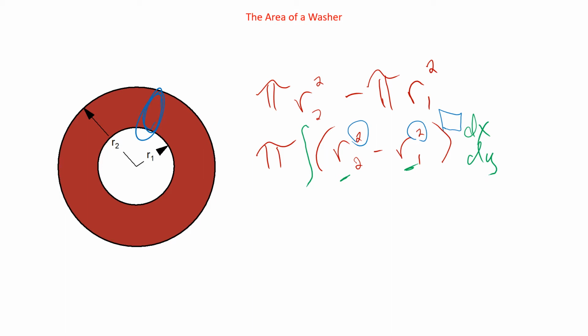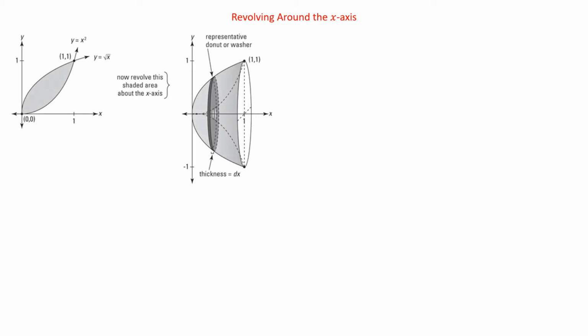So let's look at what some of these volumes are when we rotate. First, let's rotate around the x-axis. So we're going to have a shape. The shape is this guy that's y equals x squared, y equals root x. Rotate around the x-axis, so it goes that way to form this shape over here on the right.